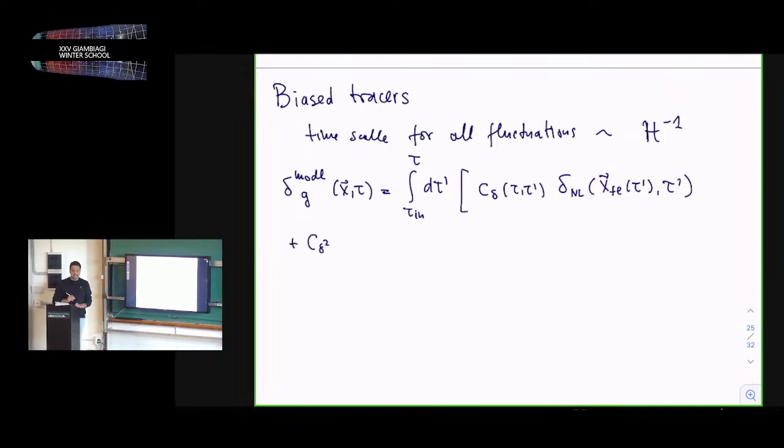For example, at second order in perturbation theory, I can write two possible terms. I can write delta squared, right? This is 2 powers of the fields. Let me suppress this explicit time dependence because it will be too cumbersome. So let me just write something like that, delta nonlinear squared.